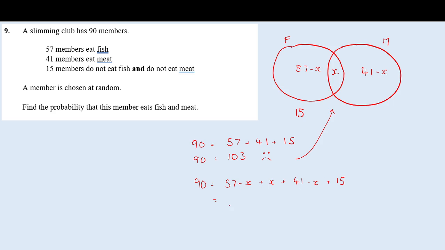Take away another x is just minus an x. And now we can see just how many people there should be in that middle. We've got 103, take away x is equal to 90. Well, that just means that minus 13 has got to be equal to minus x, or x equals 13.